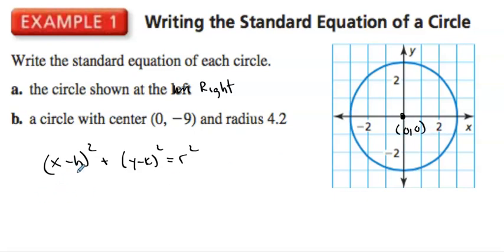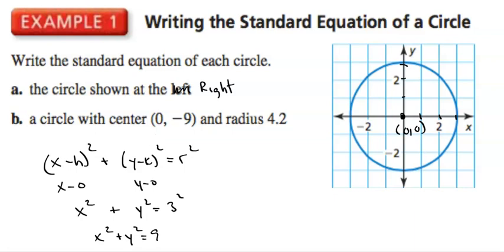So really this is just going to be x minus 0, which you don't have to write. So x squared plus, you're not going to write y minus 0, so just y squared equals, and your radius here is 1, 2, 3, and you can verify on 3 sides, 3 squared, so x squared plus y squared equals 9.